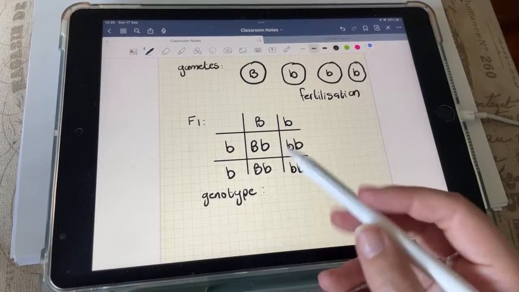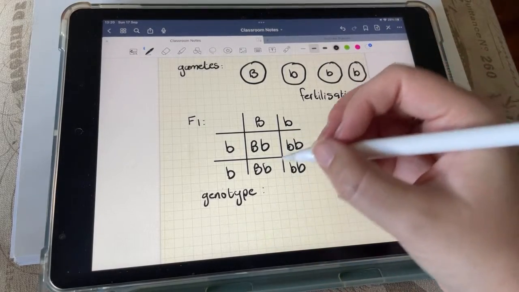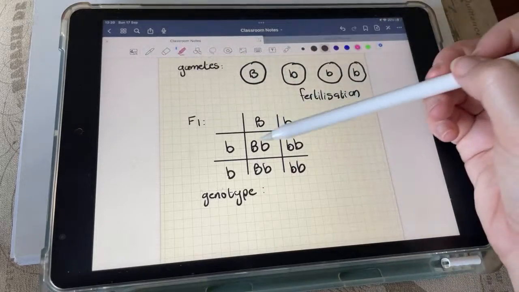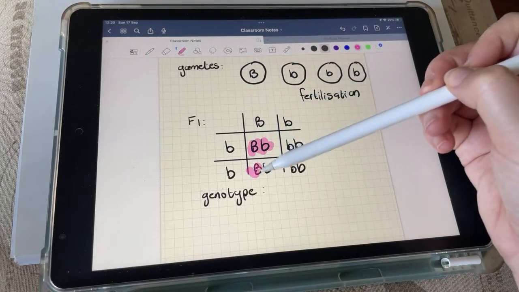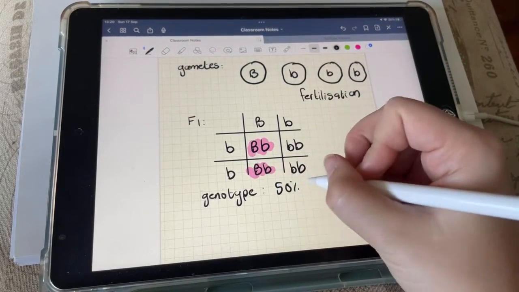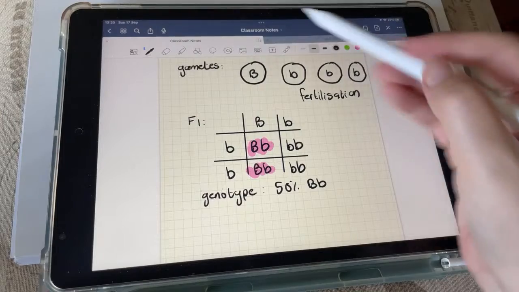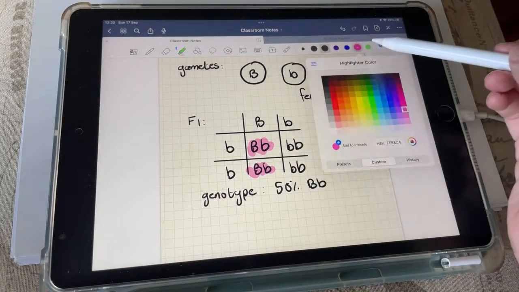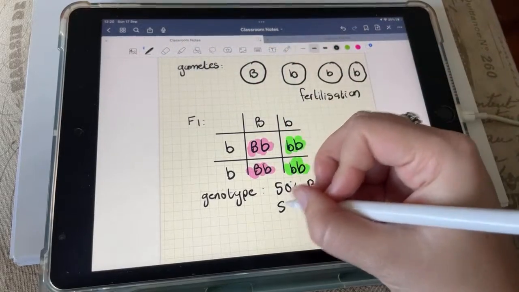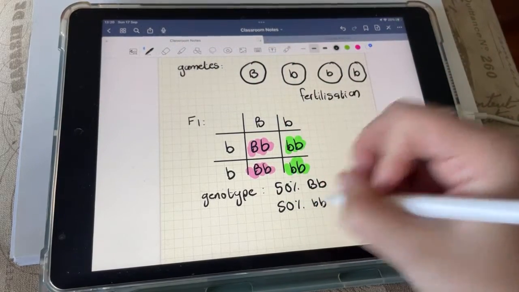So let's write out the percentages of the genotypes. So all the matching genotypes, if we put them all together, this one and this one are the same genotype. So I've got 50% big B, small b, and these 2 joined together, they're the same. So I've got 50% 2 little b's.